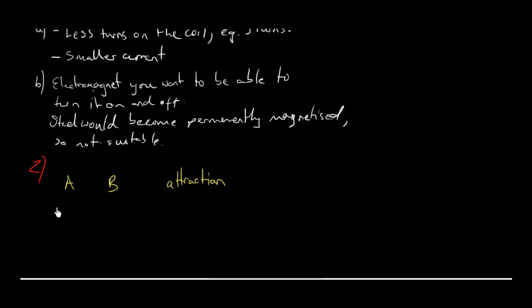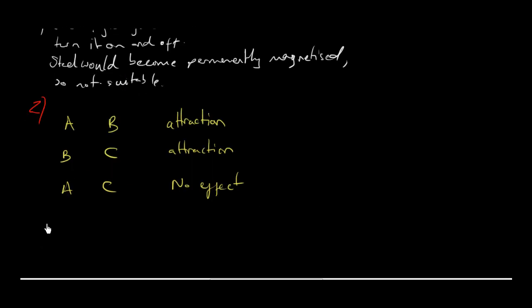Then they tell us if I put material B next to C, then there is an attraction again. But if I put A next to C, then there is no effect. And if I put B next to D, there is no effect.